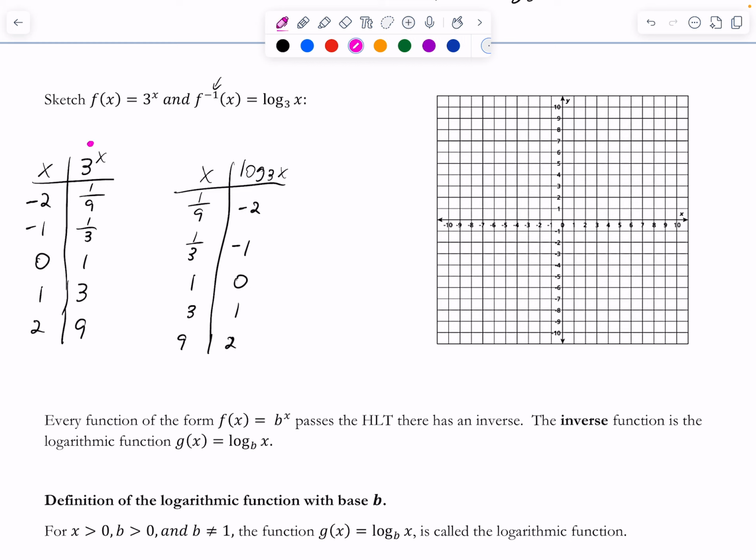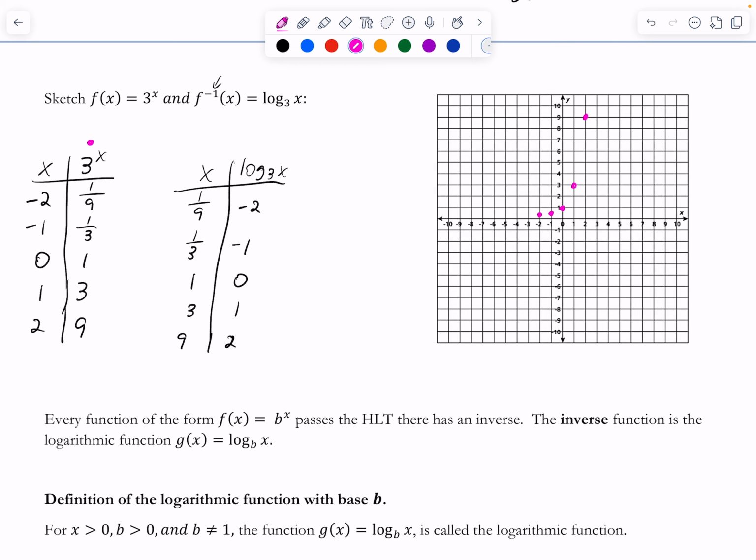So we have (-2, 1/9), (-1, 1/3), (0, 1), (1, 3), and (2, 9). So something like this for our exponential. Again, make sure you don't cross the x-axis because of that horizontal asymptote. So I'll put that horizontal asymptote here.